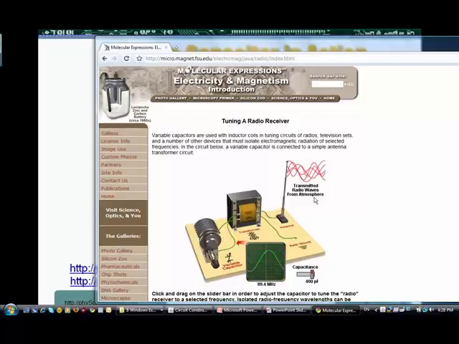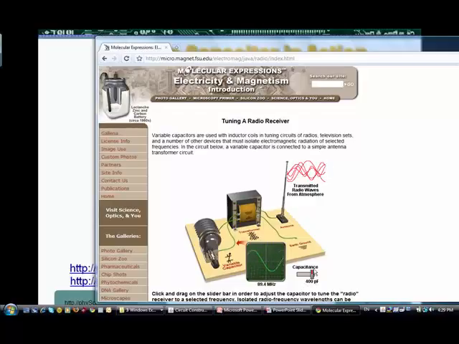You have an antenna that's collecting radio waves in a lot of different frequencies. What happens is you want your radio to detect only one frequency, and in this case it is detecting this frequency. You see this wave moving through, it's 89.4 megahertz.